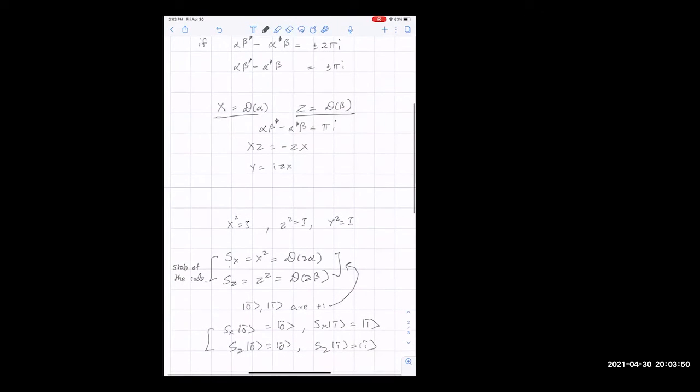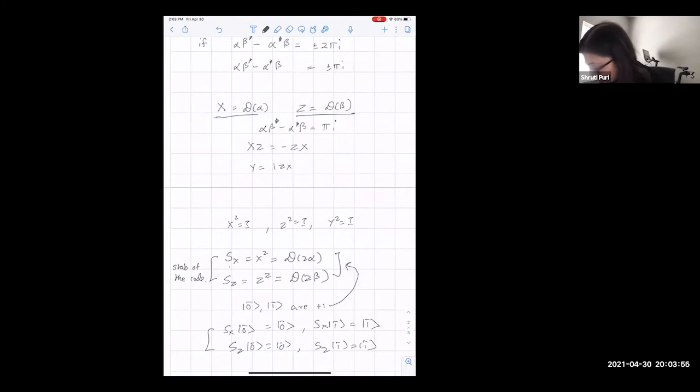It's IZX. Okay, so if it's IZX, then Y squared is minus ZXZX. This will be ZZXX, so Z squared X squared. So if the states are +1 eigenstates of X squared and Z squared, they'll also be the +1 eigenstates of Y squared. Good.